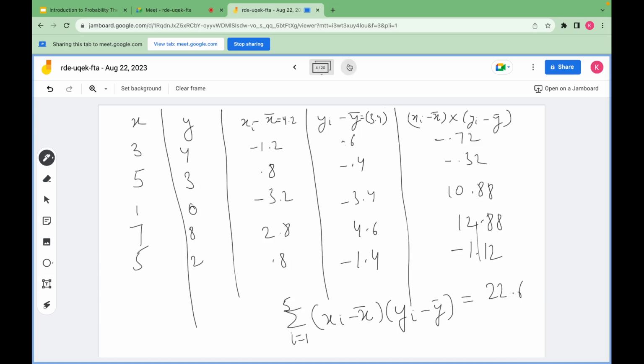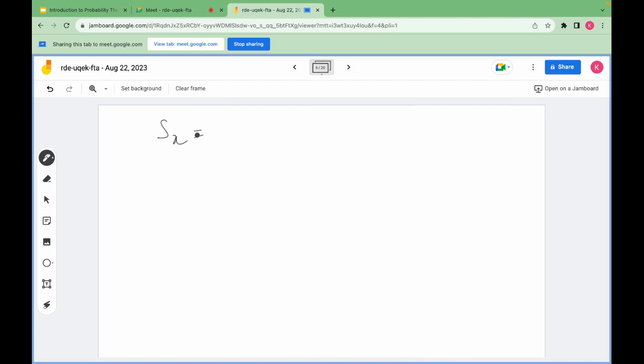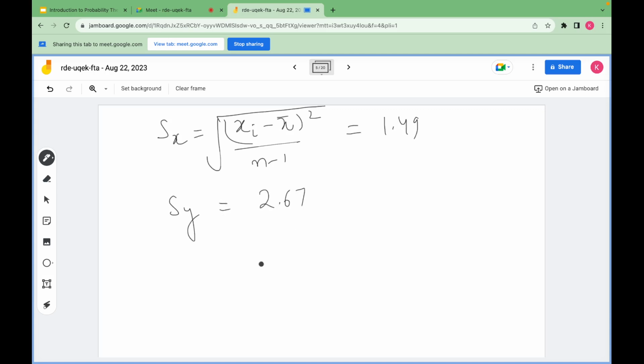Now we will find Sx, which is the standard deviation of x. This is the square root of the summation of xi minus x bar whole square divided by n minus 1. This will come out to be 1.49, and similarly Sy will come out to be 2.67.